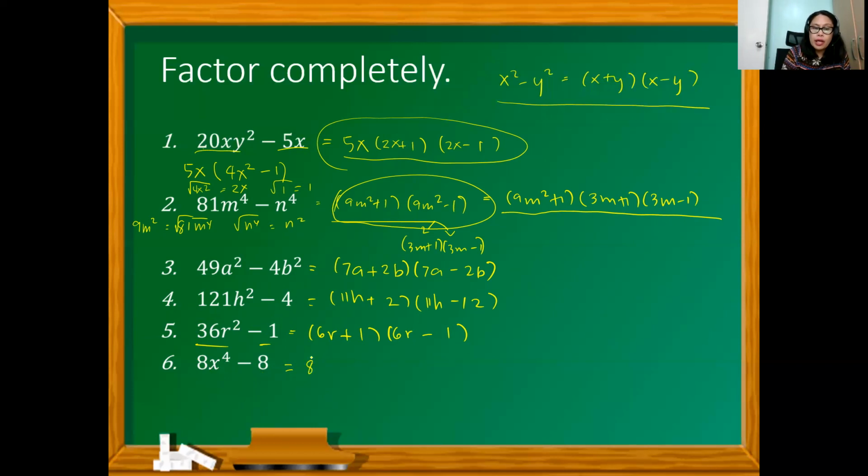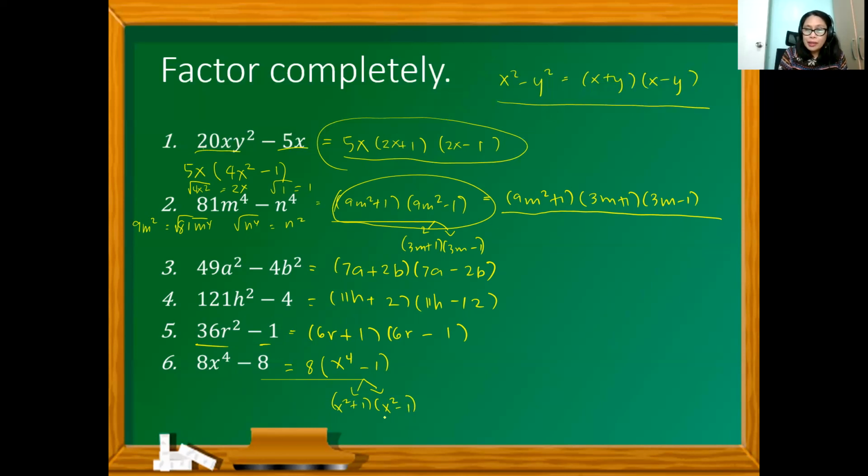So as we divide both terms by 8, we have x to the fourth minus 1. And the second factor is factorable. In fact, both terms are perfect squares. So the factors are the square root of both terms. So this is x squared. This one is x squared. Square root of 1 is 1.